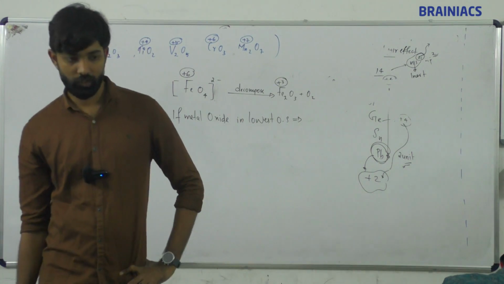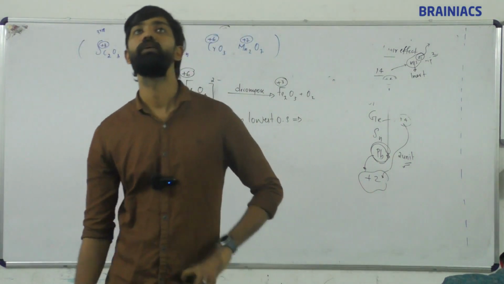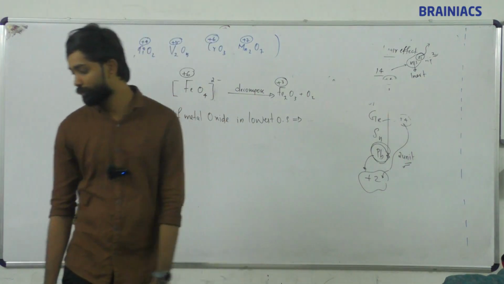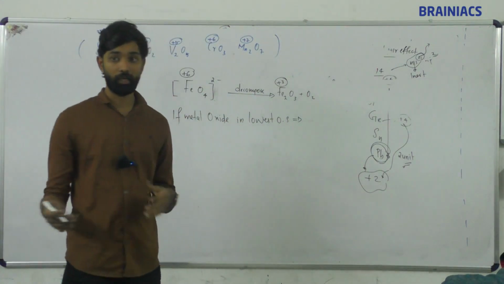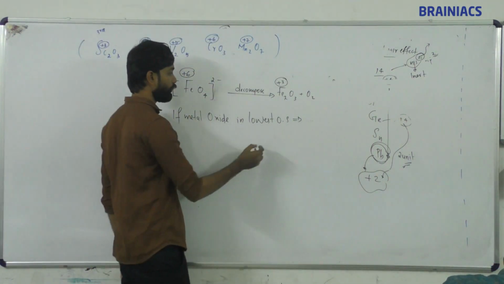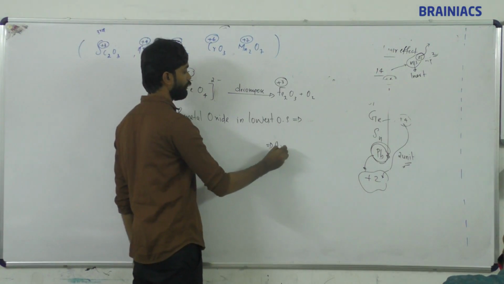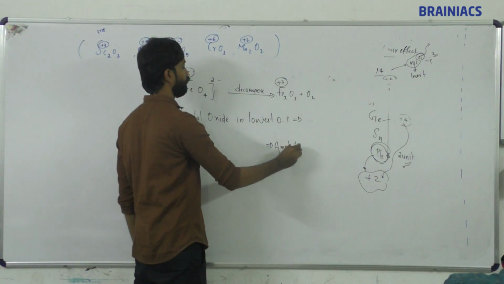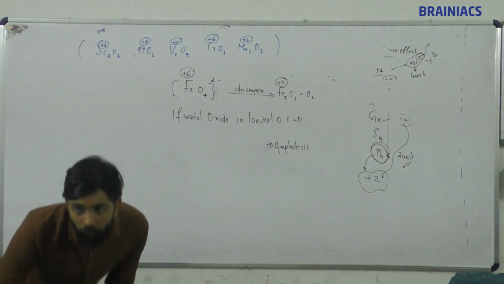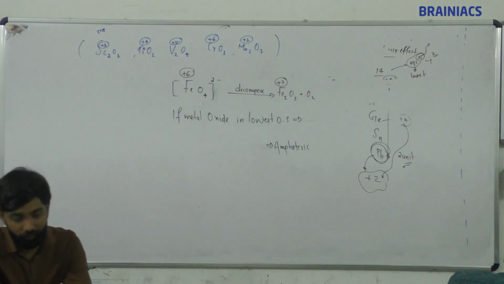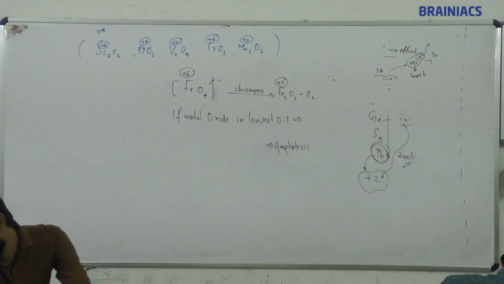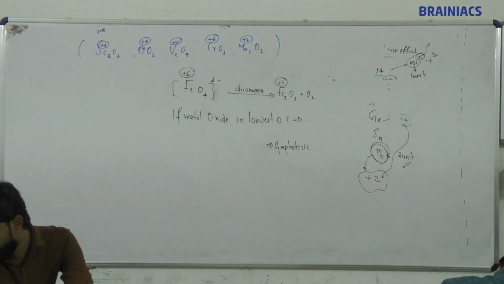Next point: if it is in an intermediate oxidation state, it has an amphoteric character. Examples: Cr2O3, Mn2O3.